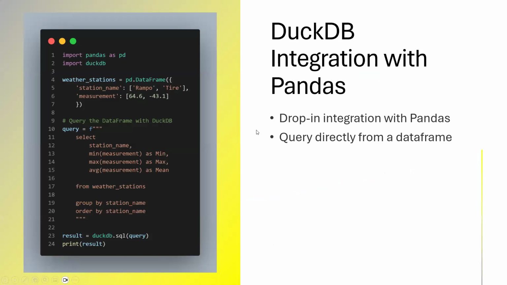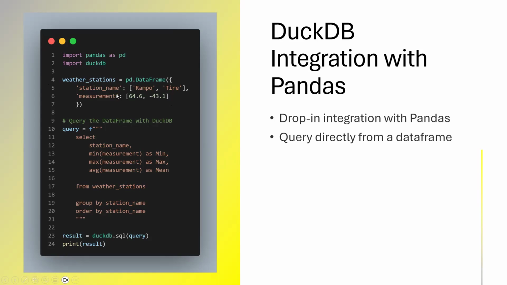So moving on, we'll get into DuckDB's integration with Pandas. And I wanted to show this again because, like I say, if you're doing data analysis in Python, you're probably doing it in Pandas. So it makes sense that when you use DuckDB, it's essentially a drop-in integration with Pandas. So you're able to query directly from a data frame. Showing off this code snippet here, I'm creating a Pandas data frame, essentially just recreating the weather data set we just had.